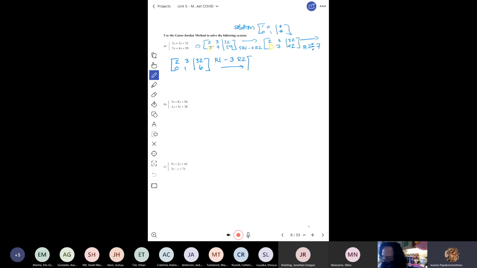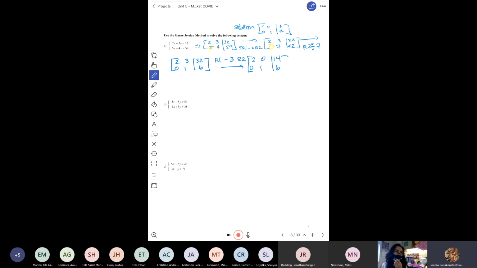Okay, let's do it. Tell me what my new row 1 is. Zero. 14. Do y'all agree? Yep. And then my second row didn't change.